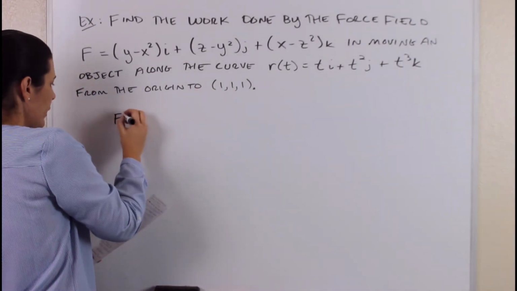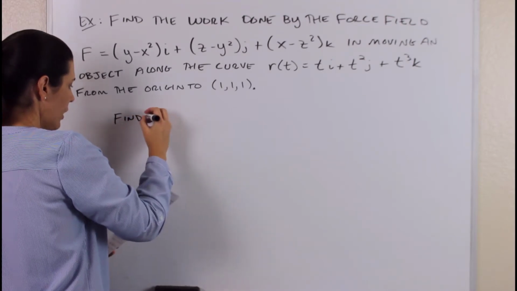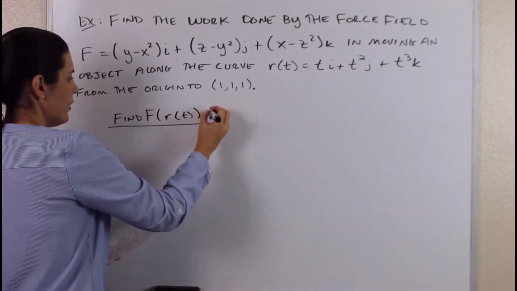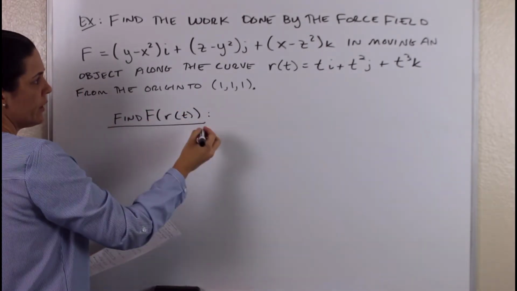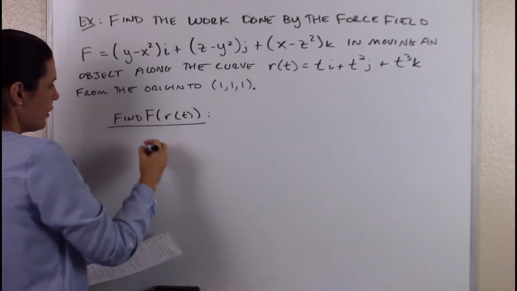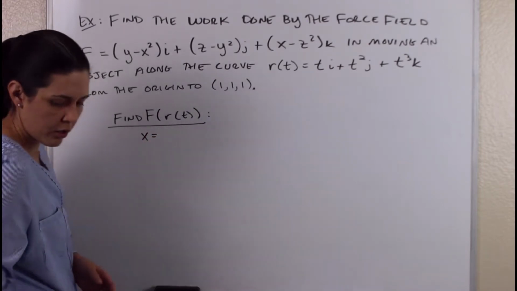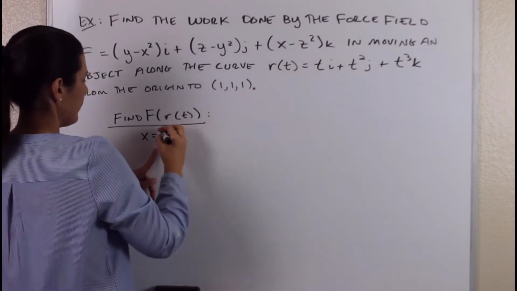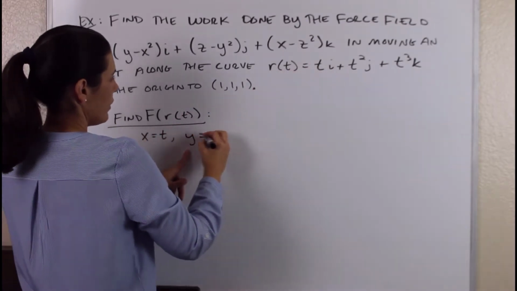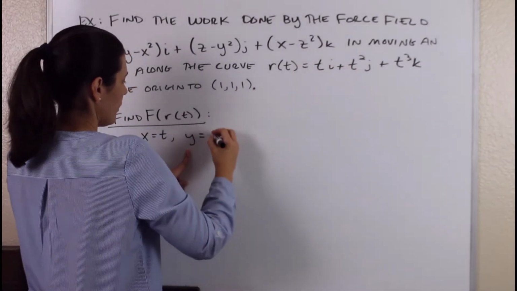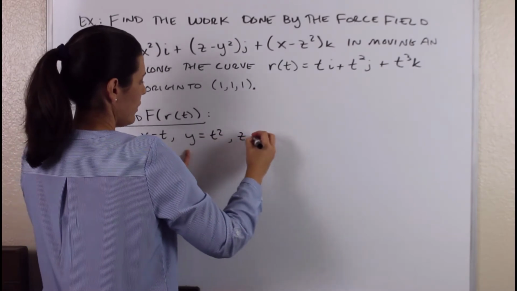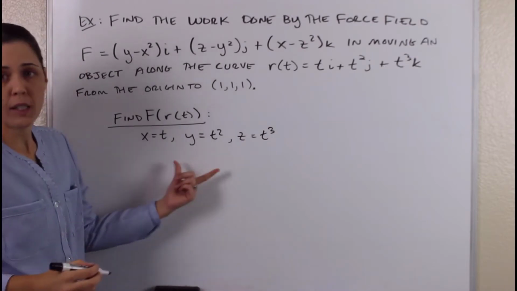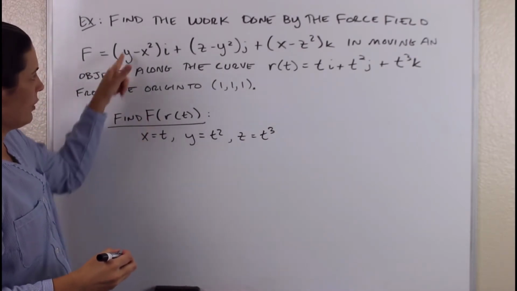I'm going to start with finding our force field evaluated at our curve r of t, so F of r of t. Let me label a little bit real quick. From our curve, x would be t, y would be t squared, and z would be t cubed. So we're just plugging that into F, our force field.